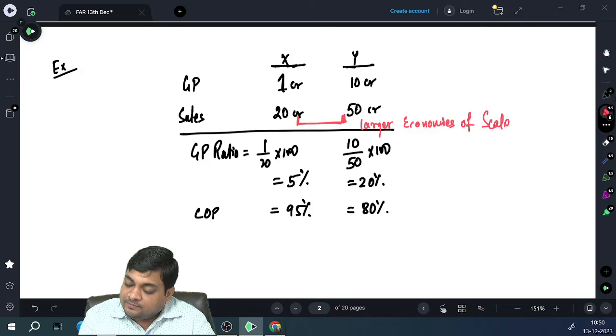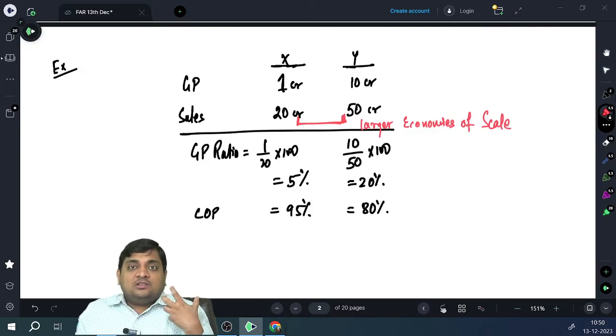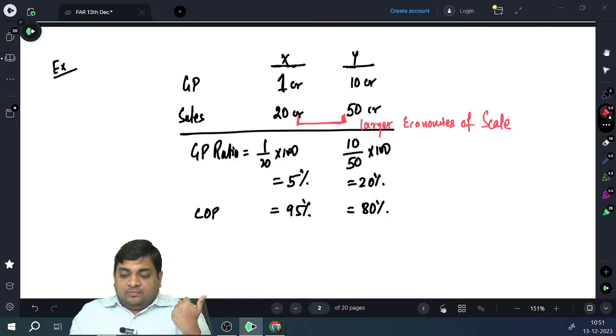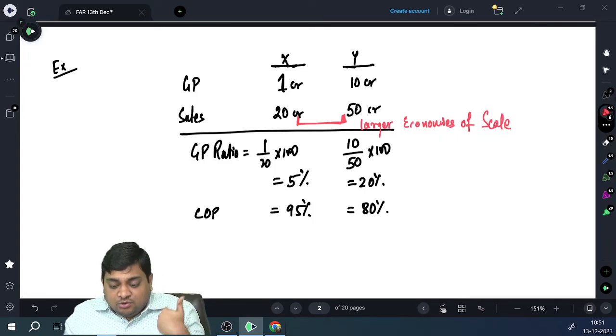The larger you do production, the lower will be your cost of production. If I am conducting an online training session, whether it be 5 students, 10 students, 100 students, my cost is the same, my effort is the same. So obviously my cost per student will come down.